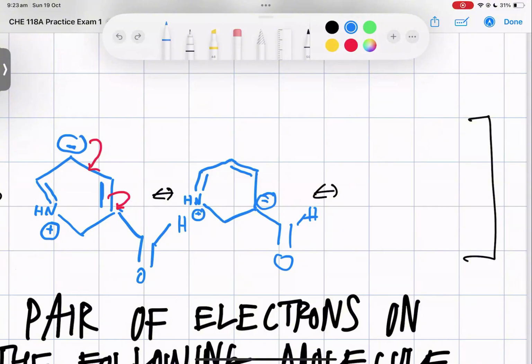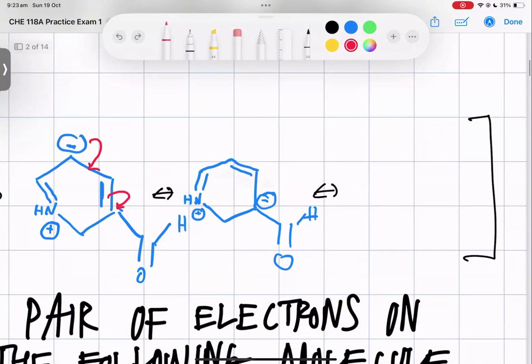Let me change it to a color. I'm going to put this here. And then one of the bonds of that double bond is going to move onto that oxygen right there, giving the oxygen a negative charge.